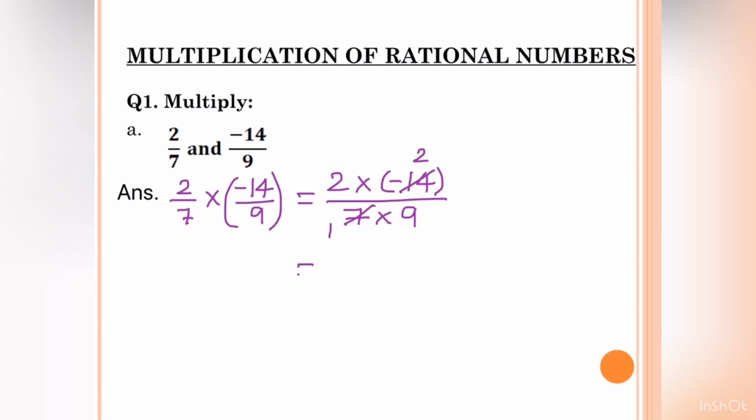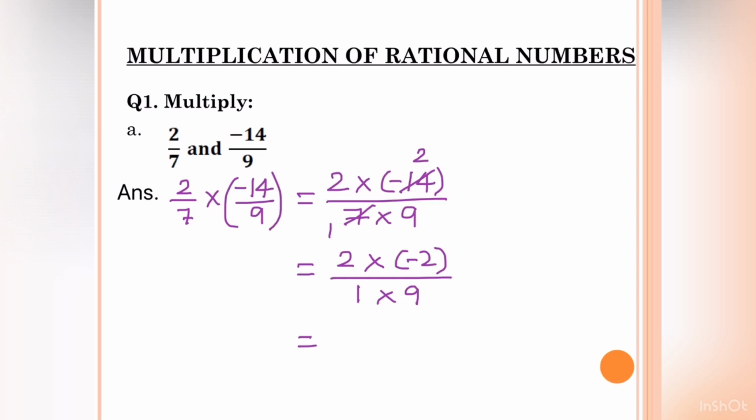So this expression is equal to, in the numerator we have 2 times minus 2 and in the denominator we have 1 times 9. In the numerator, the product of a positive integer and a negative integer is a negative integer.